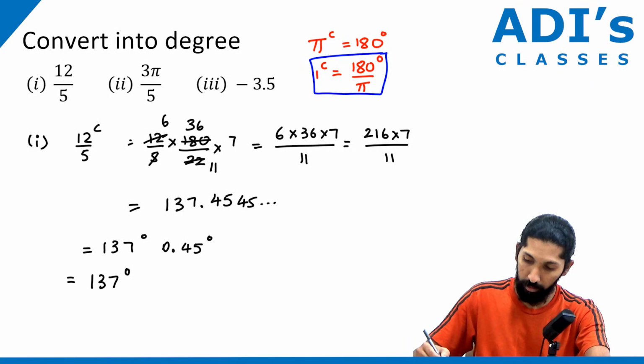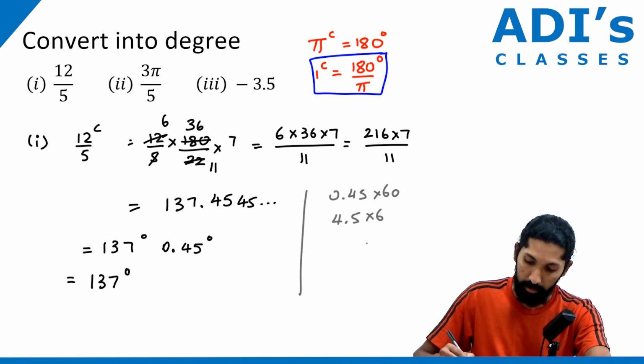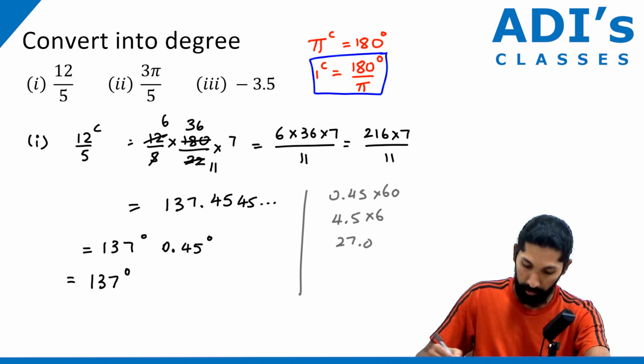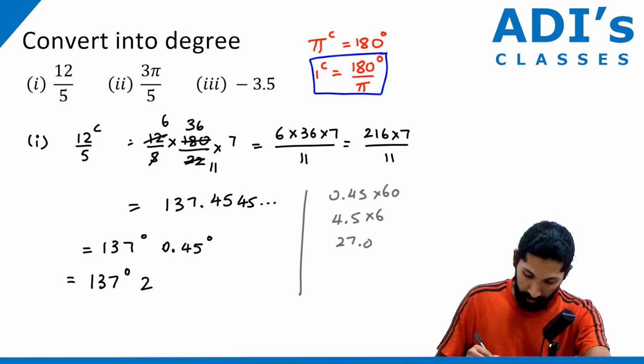So we can write this as 137 degree. And I'll just do the calculation here. 0.45 into 60. So that's 4.5 into 6. 6 into 5 is 30, then 27. So 27. That means here you will get 137 degree and 27 minutes. Let's not go for seconds, guys.